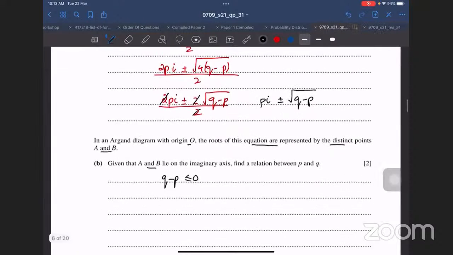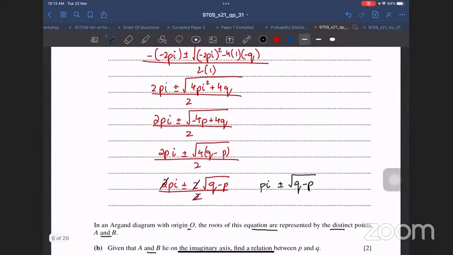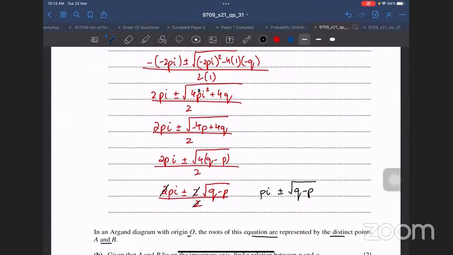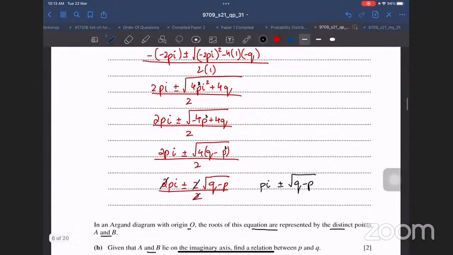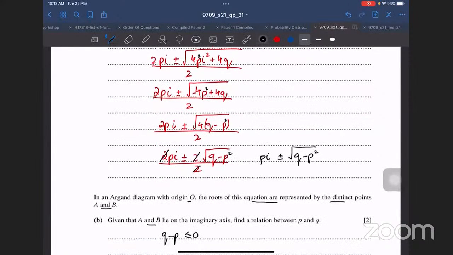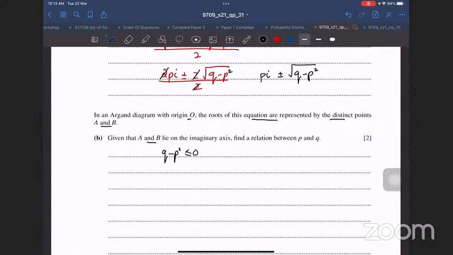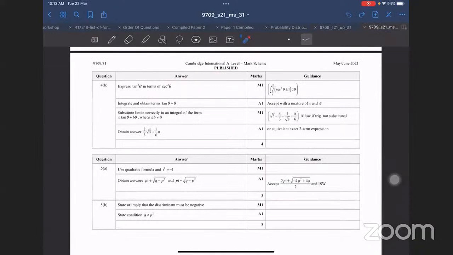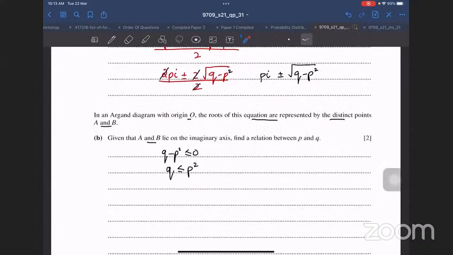Okay, I missed a square somewhere. This is for p squared. So q is therefore less than or equal to p squared. Why? Because the discriminant must be negative or equal to 0. Although this question says that it shouldn't be equal to 0.